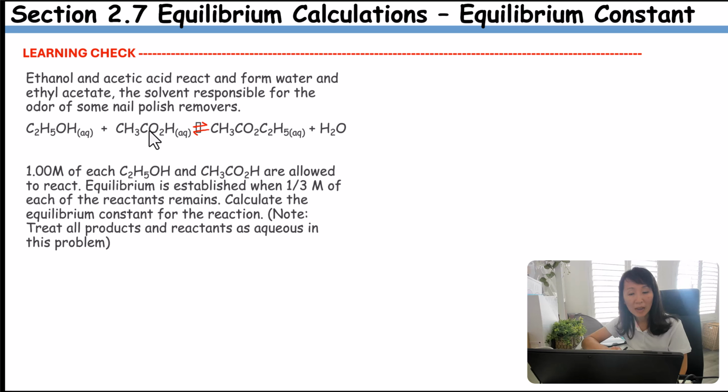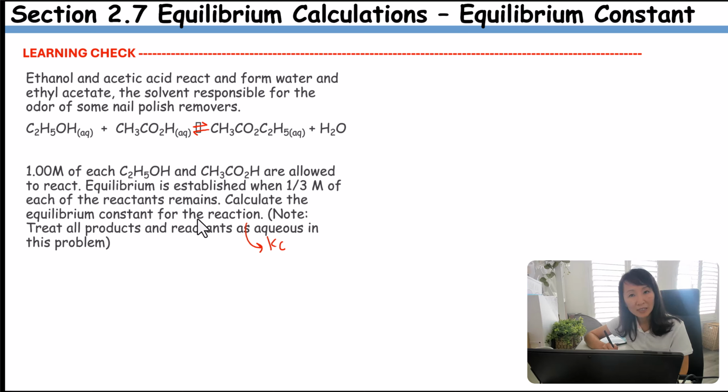Then equilibrium has established when 1/3 of the reactant remains, meaning there's only 0.333 molarity left at equilibrium. Just calculate the equilibrium constant for the reaction. So we're looking for Kc. Also, there's a little note here saying to treat all products and reactants as aqueous in this problem.